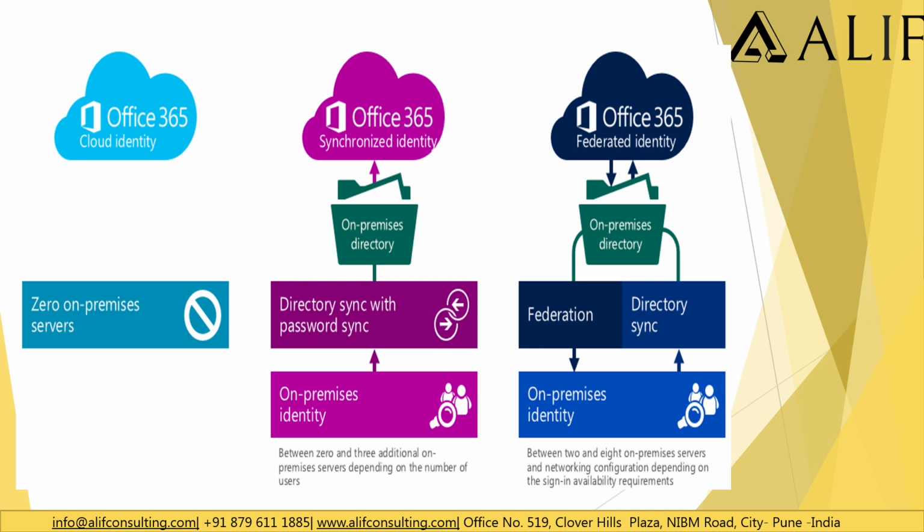So in synchronized identity, what it means is that wherever you would be hosting your application which requires authentication, the authentication mechanism would go there. Since my object is created in local Active Directory, the authentication would happen there. Why? Because there's the on-premises AAD Connect tool in between. So the authentication would happen on-premises for the objects coming through the local Active Directory using the AAD Connect tool.